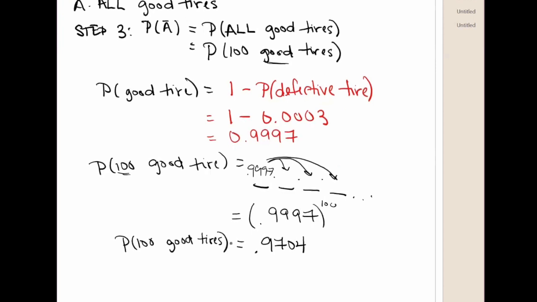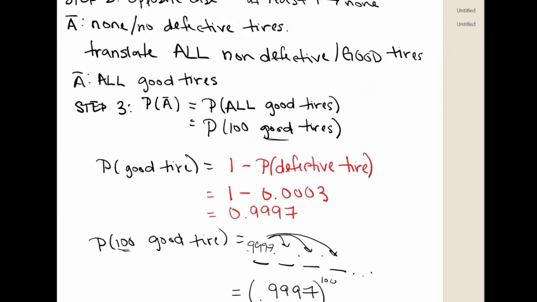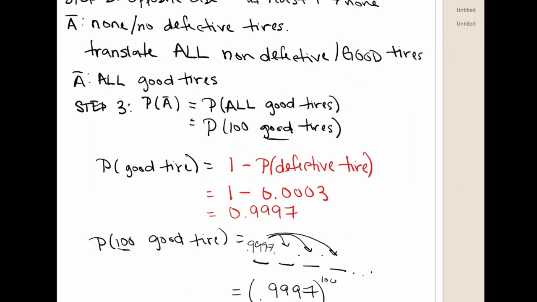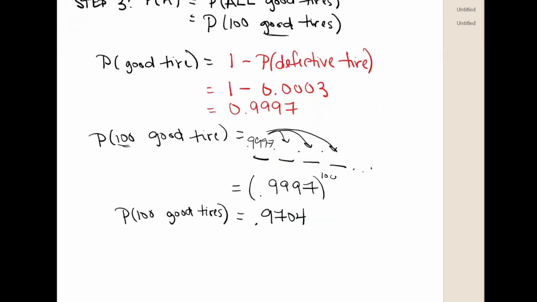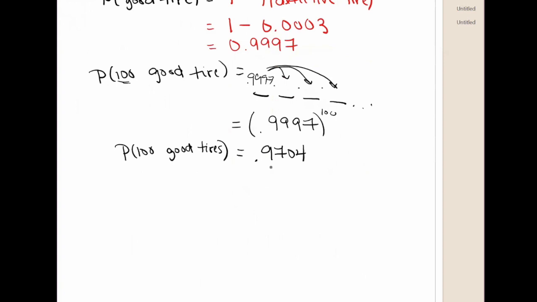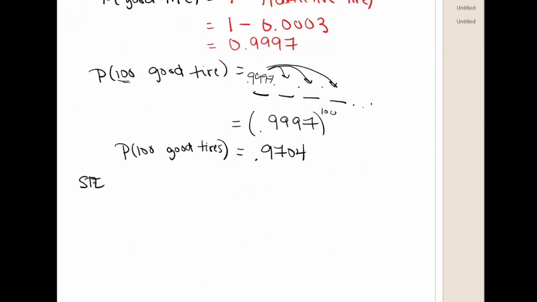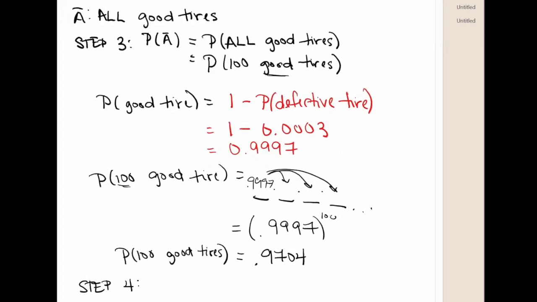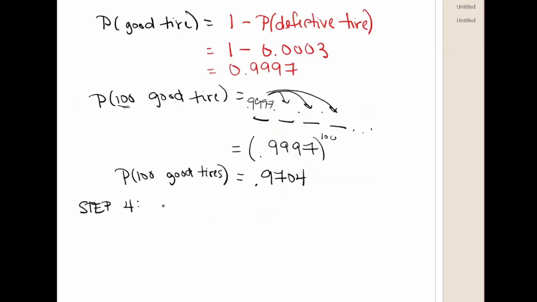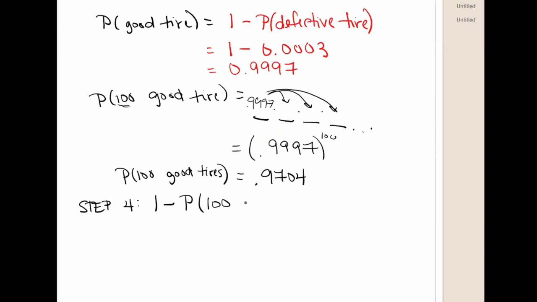Okay. Now remember, this is not my final answer. Our original problem said we want at least 1 tire to be defective. So in order for us to find that, we have to take the complement of this. So our final step is we are going to take another complement. It's going to be 1 minus the probability we found in step 3, which was the 100 good tires.